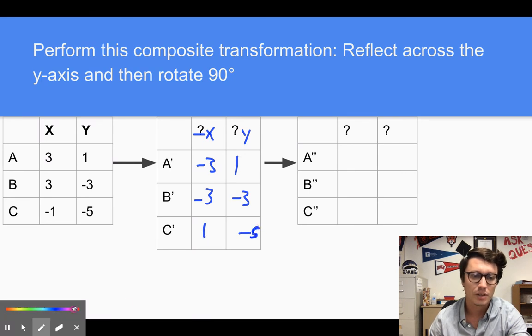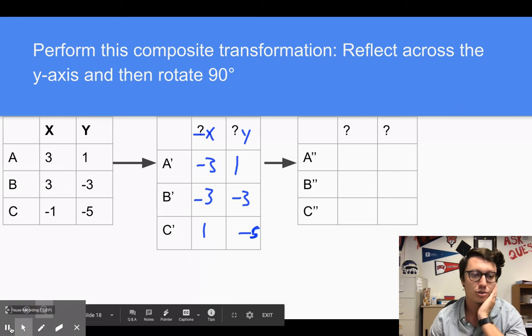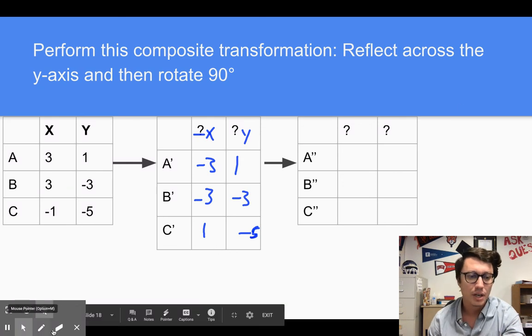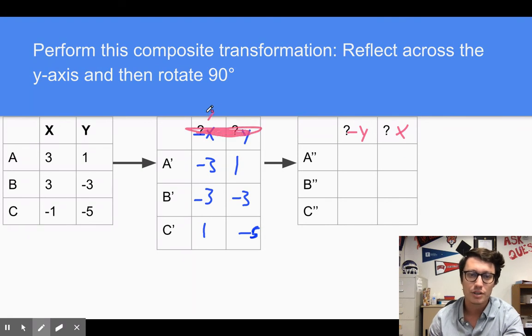Okay, and then for our second one, we rotate 90 degrees. XY changes to -yx. I just looked that up. Remember, now that we're starting over again, these are just regular x and y, right? So you're going to write all your y values with opposite signs.